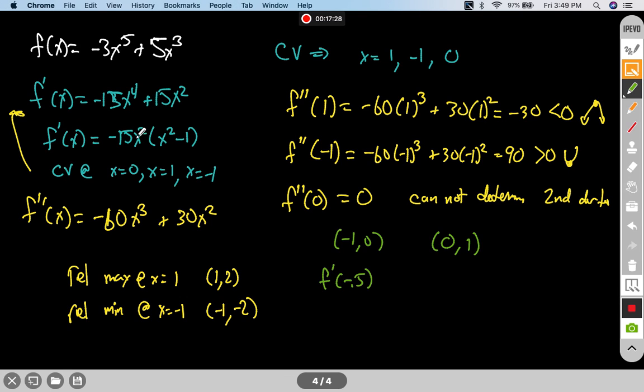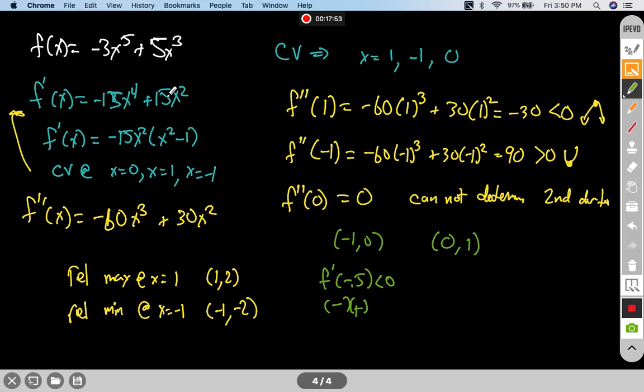0.5, that's a positive squared is positive, so that's going to be a negative number. 0.5 squared is going to be less than 1, so minus 1, that's going to be a negative number. So this is going to be less than 0, so this is wrong. What did I do wrong here?